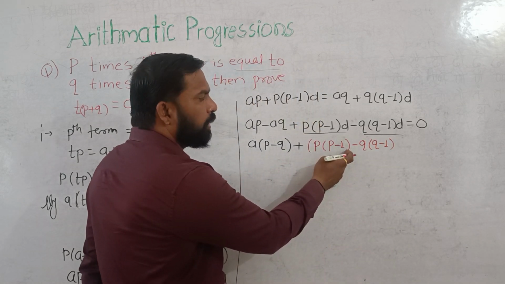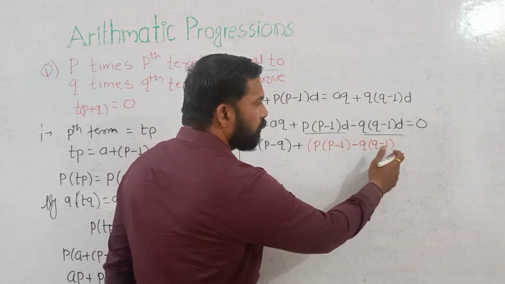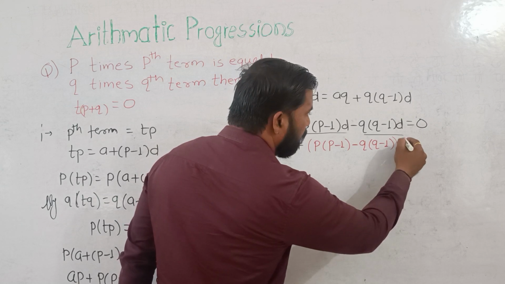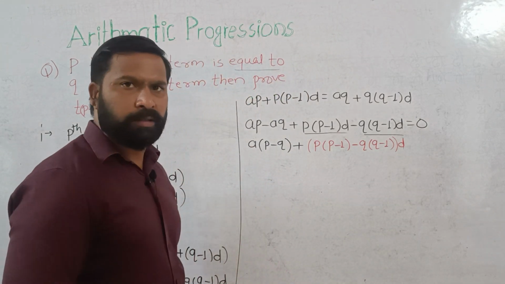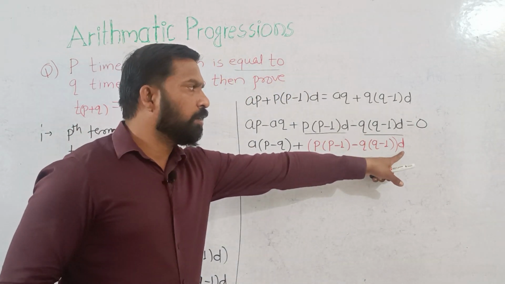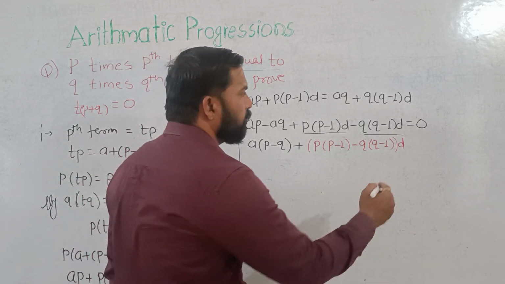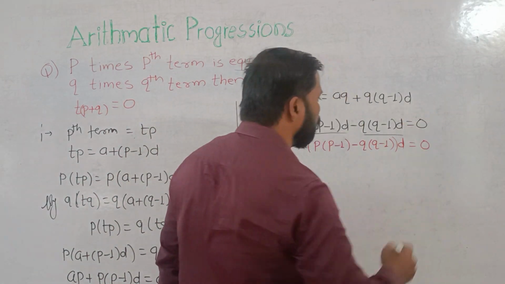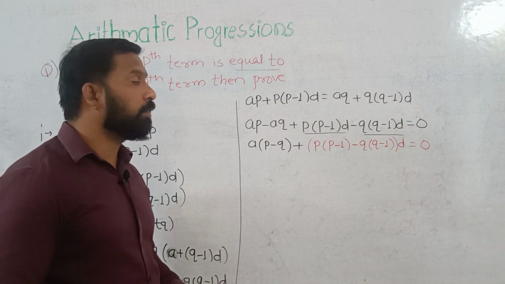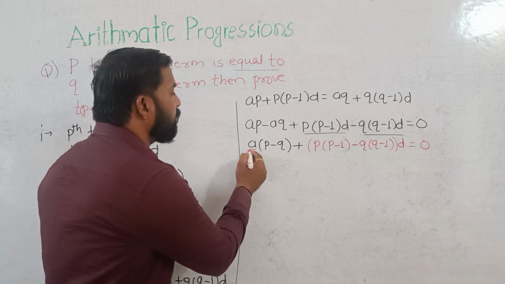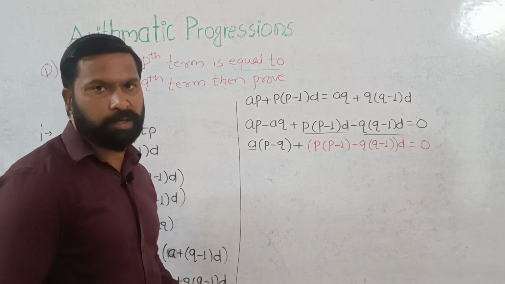What is missing? d is missing. I am taking that d as a common. Both the d's are outside in common, which is equal to 0. So here we have taken a as a common and there d as a common.